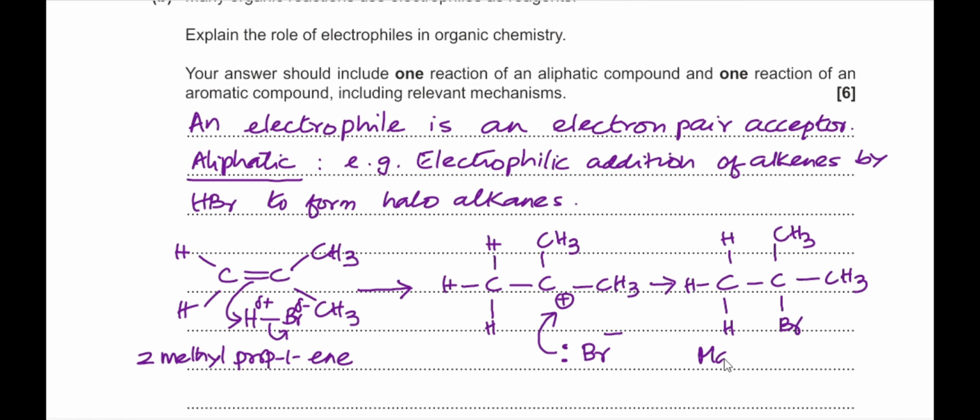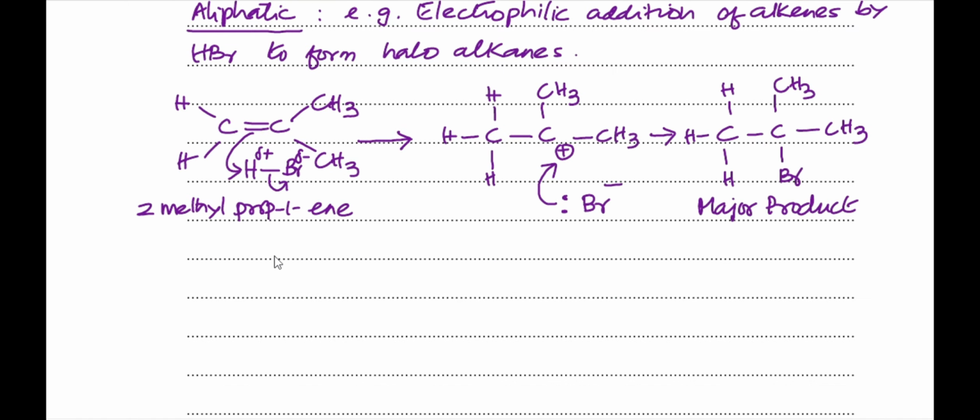this is the major product because the carbocation formed here, this intermediate is more stable because it has got least hydrogen atoms attached to it, or you could say it's the most substituted carbon atom here. The other intermediate formed is CH2, C, CH3, CH3, hydrogen gets attached here, and the carbocation is this one now, and the bromine with the lone pair and negative charge attacks this one.